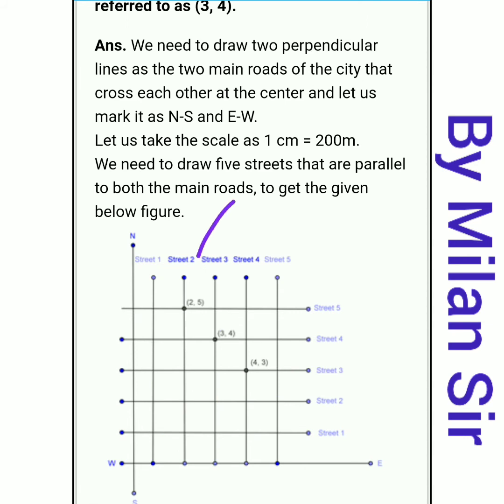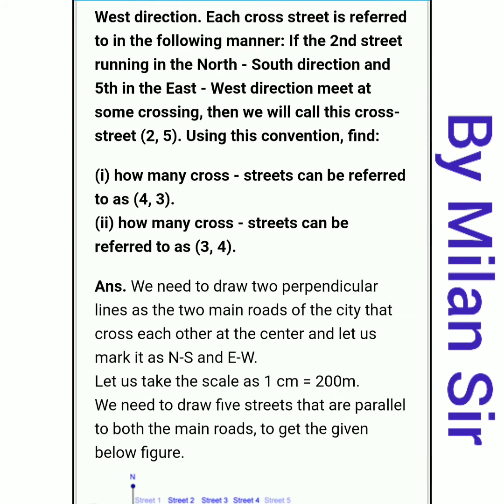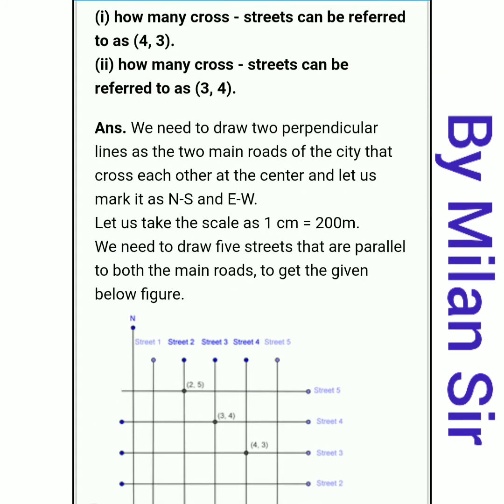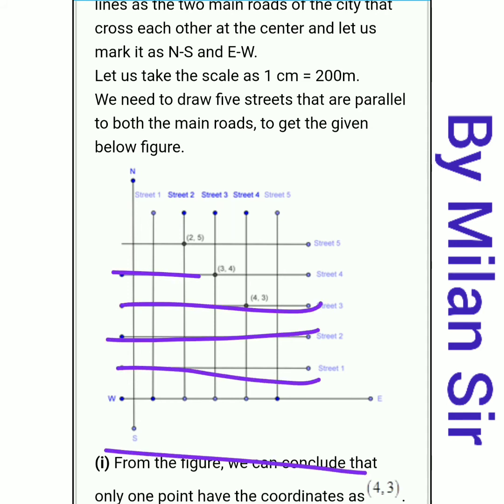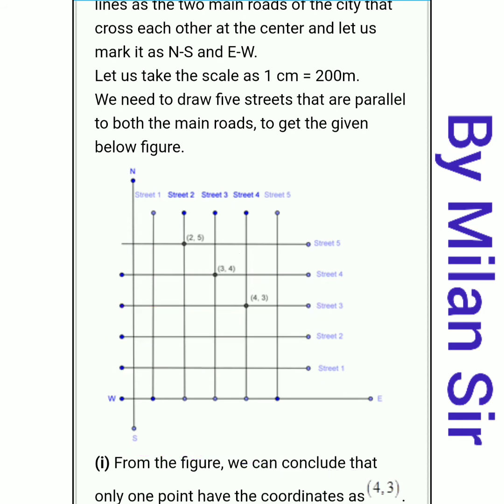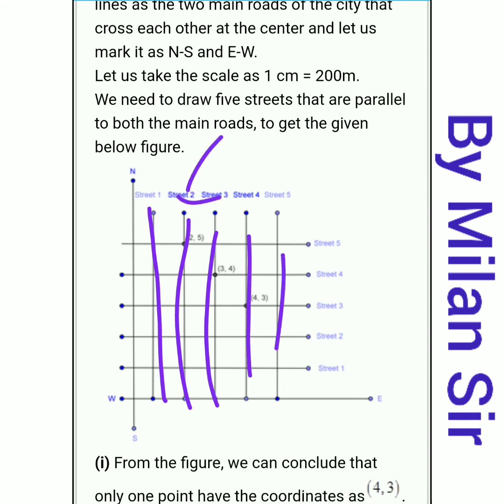Now it is given (2, 5), that means the second street in the north-south direction and the fifth street in the east-west direction. East-west direction is horizontal, so this is the fifth line, and the vertical line shows the north-south direction, the second street.